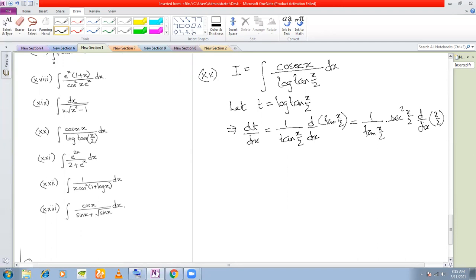This is how we differentiate. That means dt dx is equal to, now you change tan to sine and cos, so you get cos x by 2 by sine x by 2, and you change sec square to cos square, and therefore d/dx of x by 2 will be half.